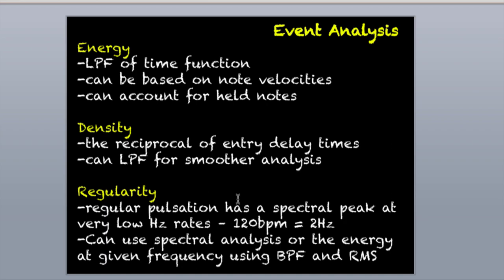So here's an example. If you try to produce events at 120 beats per minute, that is 2 hertz, right? So what that means is that if you run your spectral analysis at those low rates and you have a very precise pulsation at 120 BPM, you will get a very narrow peak at 2 hertz.